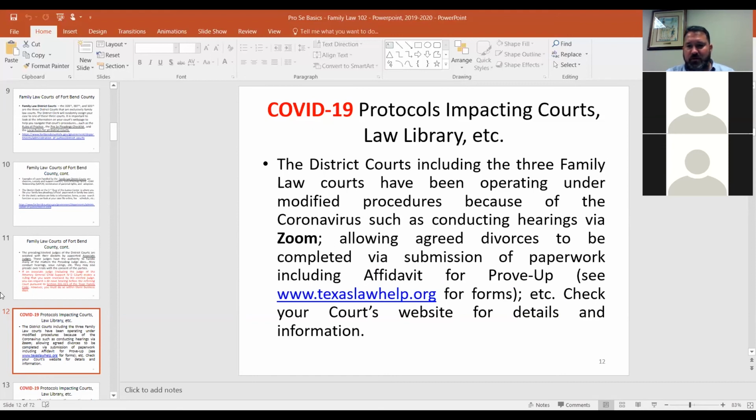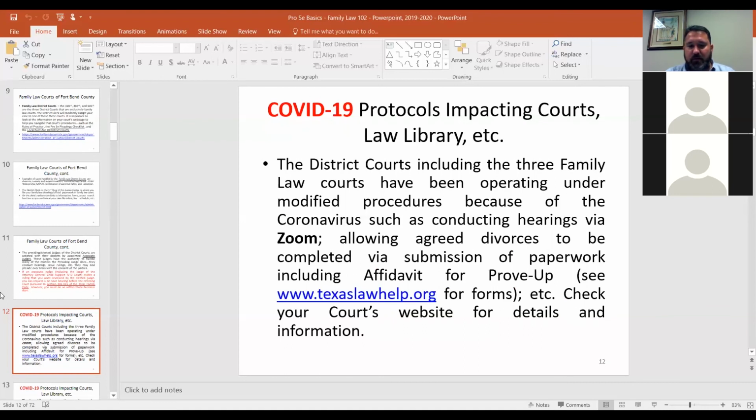Obviously they're trying to do social distancing and masks and everything like that. There's a health screening to come into the law library or the courthouse, taking your temperature and so forth. So, like I said, things are kind of in flux as to how things are being handled here at the Justice Center.